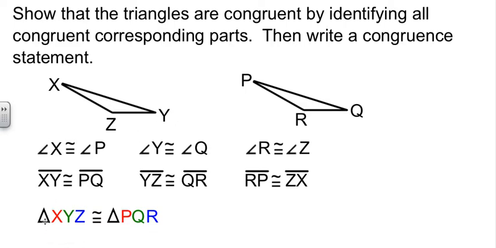I can name the first one any way I want to, but when I name the second one, it has to match. X matched P, so X went first, P goes first. Y matched Q, Y was in the middle, so Q has to be in the middle. Z matched R, Z was last, R has to be last.